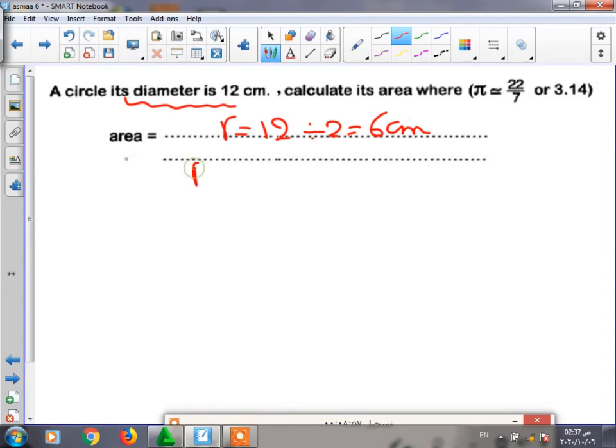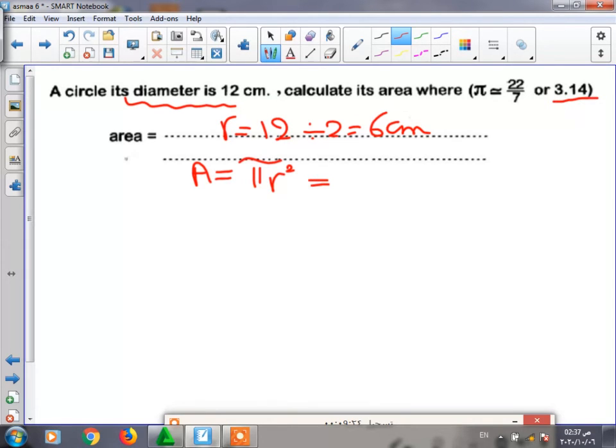Now we can find the area by writing the rule pi r to the power 2 and putting the value of pi. He gave you two values of pi, 22/7 or 3.14. Can I choose any one of them? Yes, you can choose any one of them. But the better value will be 3.14.